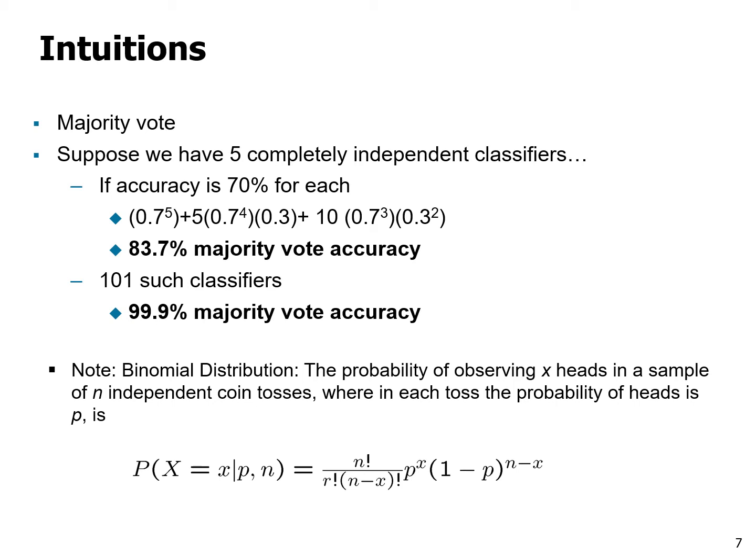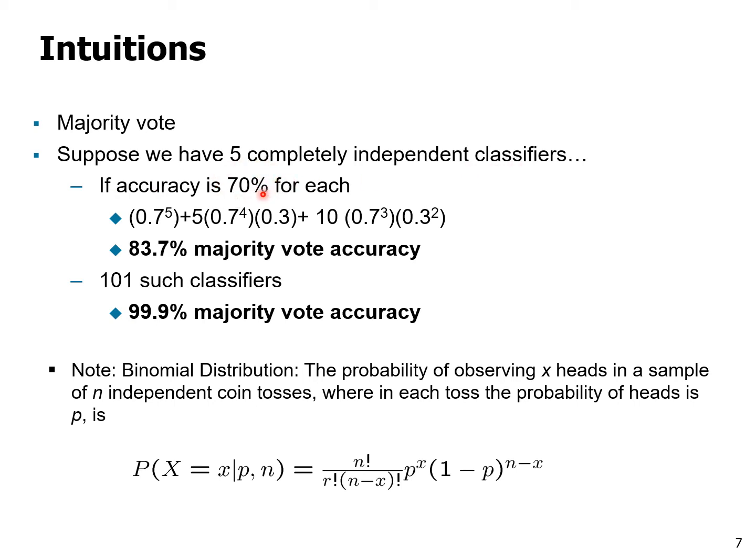Let's take a look at another example of ensemble learning. Again, suppose we use majority vote, and suppose we have 5 completely independent classifiers. And again, as I said, this independence is very, very important in ensemble learning. Suppose that the accuracy of each classifier is 70%.